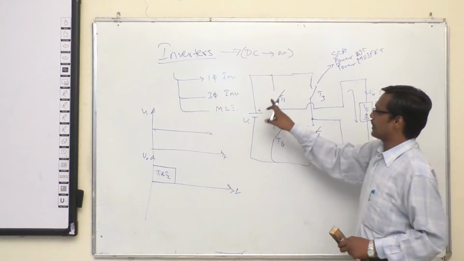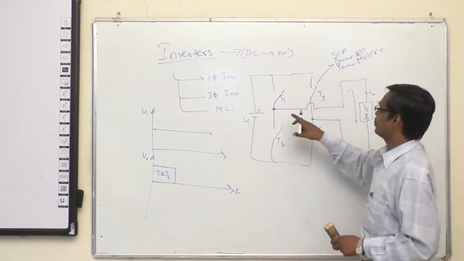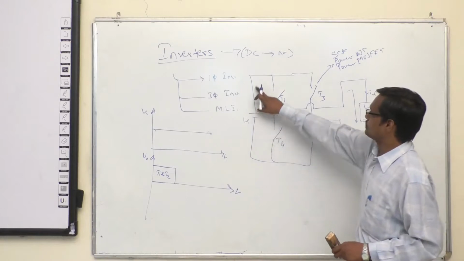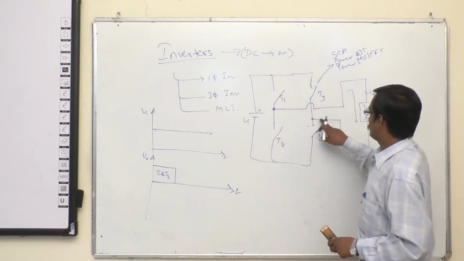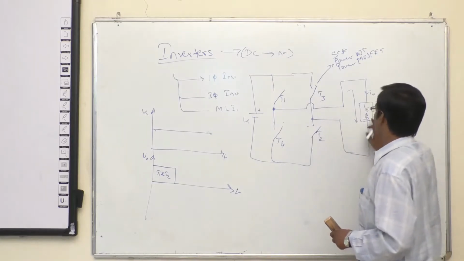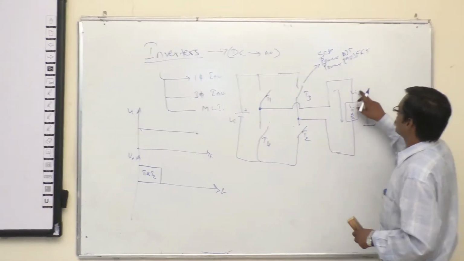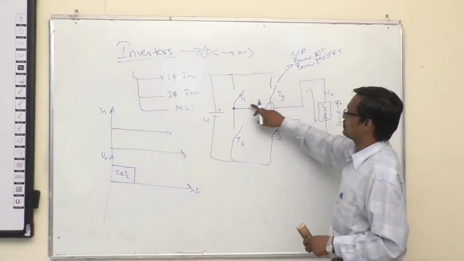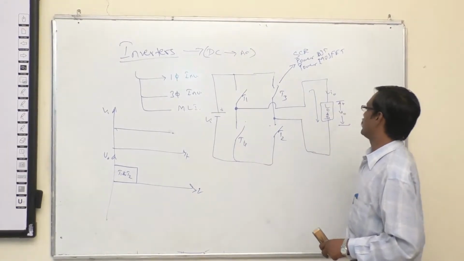Then after some time you turn off T1 and T2 and turn on T3 and T4. What will happen is that the supply goes through T3 to the load in the opposite direction, and the current closes back to the source through T4.